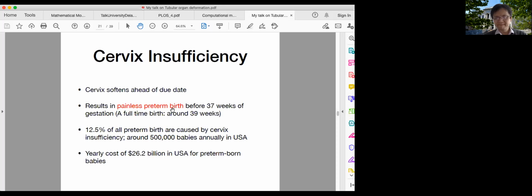And in the US, around 12.5% of all preterm births are caused by cervical insufficiency. And this costs around 500,000 babies annually in the USA, and it costs around $26.2 billion to treat the disease.